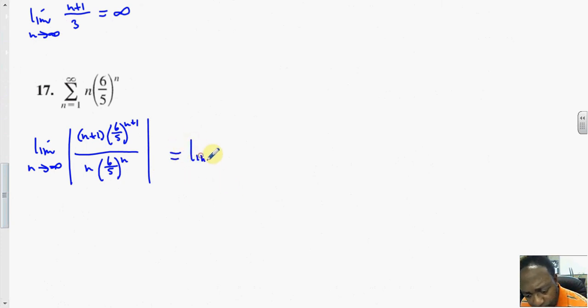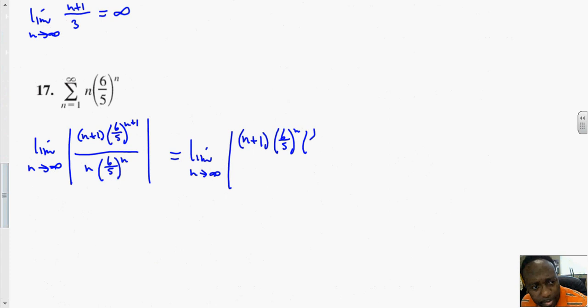This is the limit as n goes to infinity of the absolute value of n plus 1 over n times 6 over 5 to the n times 6 over 5.